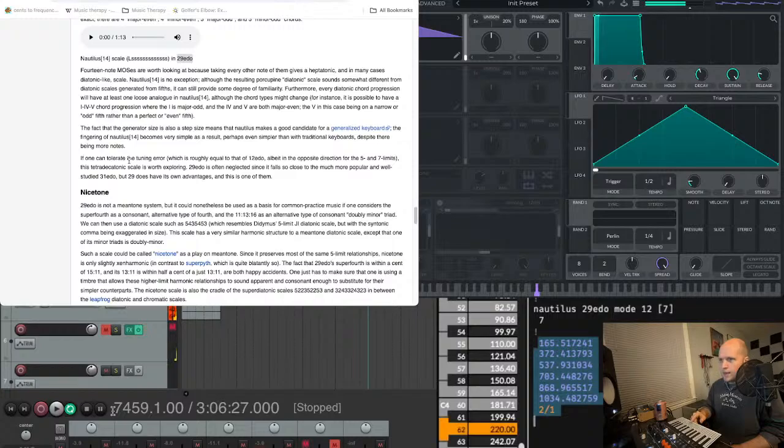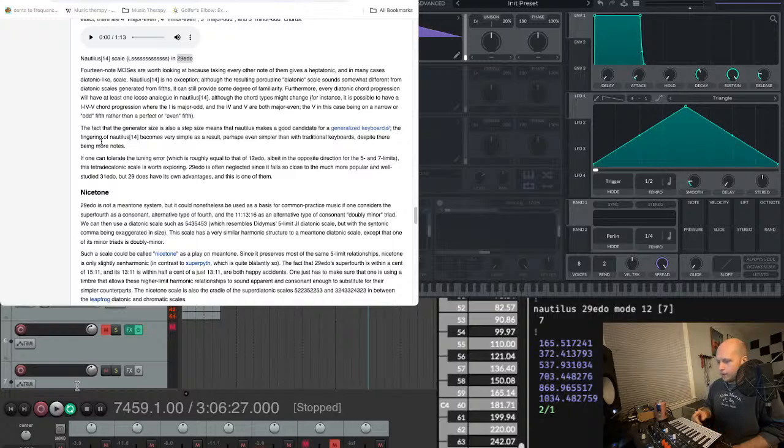So in this scale, see the 2-1 lights up. That's the home note of the scale. And then the next note up, it's lit up in orange there. That's 165 cents.